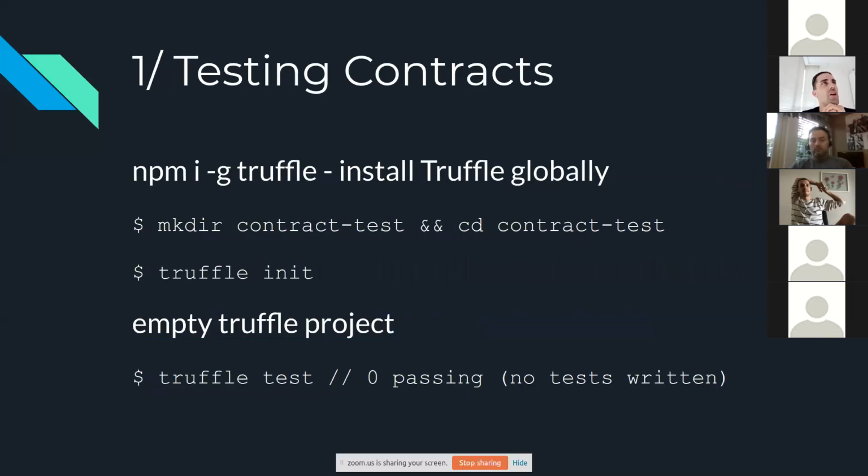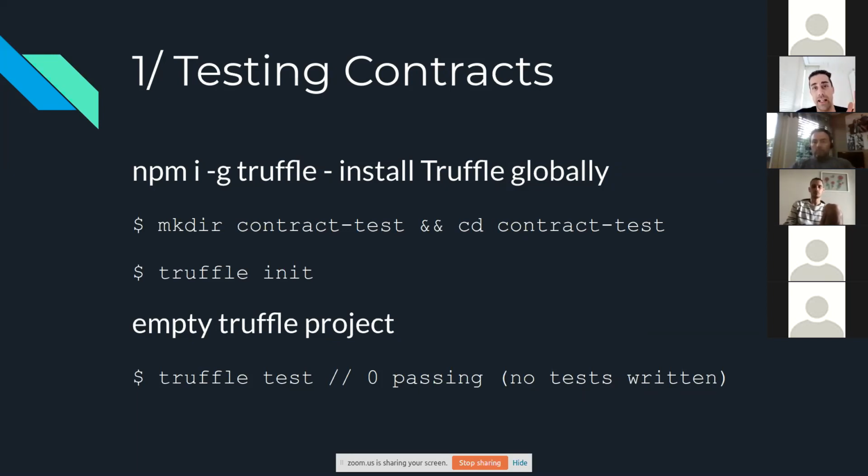So let's jump in to testing contracts. When you approach testing contracts, you can of course set up any sort of testing framework you want, but my recommendation is that you stick to the most popular tools, because they've done a lot of the work for you, and that would be using Truffle, which is basically a test runner for smart contracts.